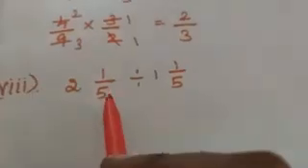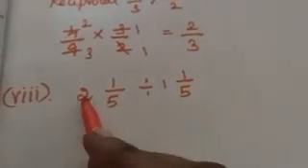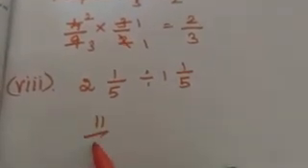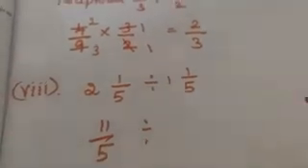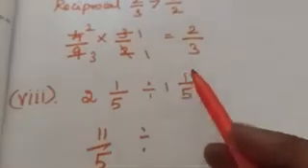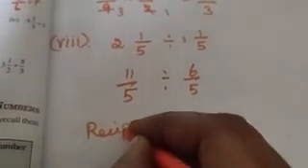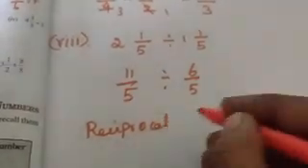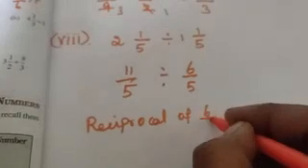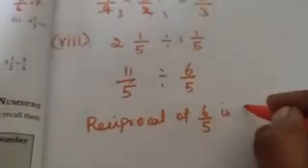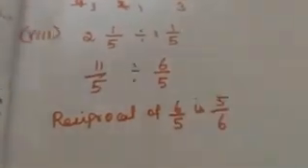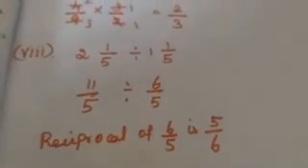Convert into improper. 2 into 5, 10 plus 1, 11 by 5 divided by 1 into 5 is 5 plus 1, 6 by 5. Now what do you have to do? Yes, reciprocal. Reciprocal of which number? Yes, 6 by 5. Reciprocal of 6 by 5 is 5 by 6.